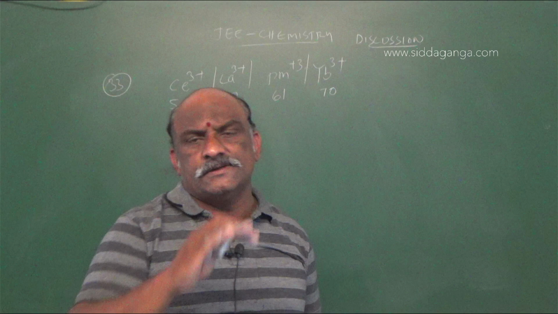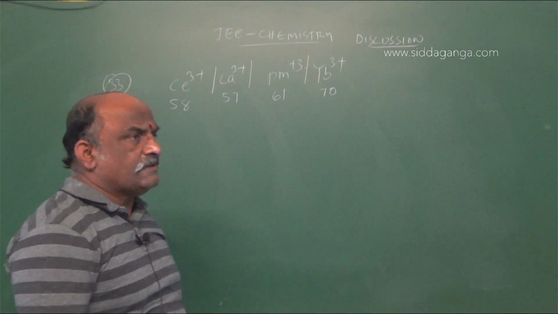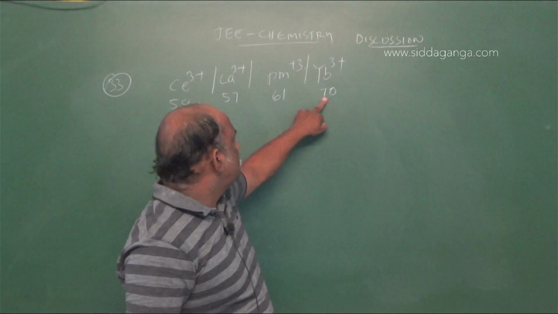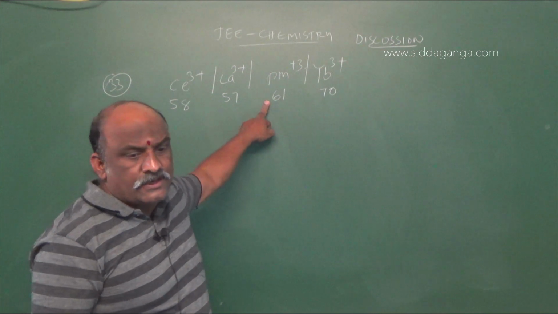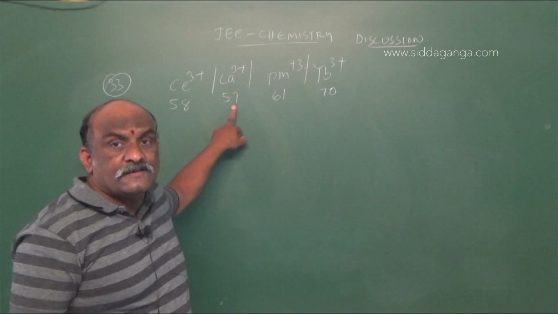From left to right, size decreases. Ytterbium is the smallest in size. Next is promethium, next is cerium, and next is lanthanum.